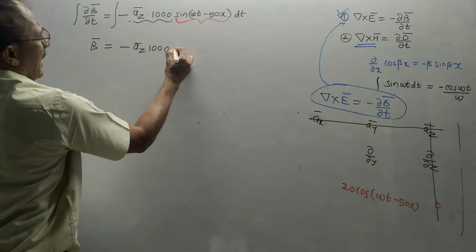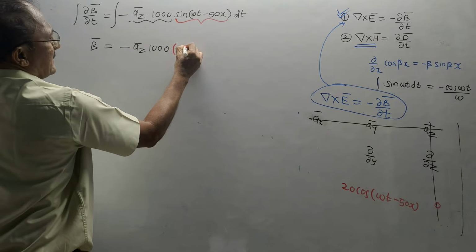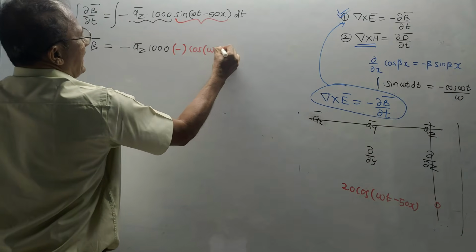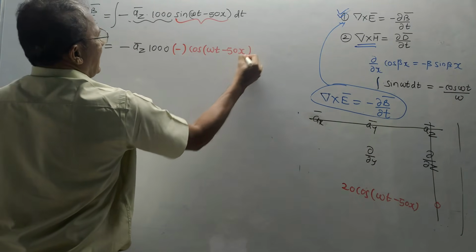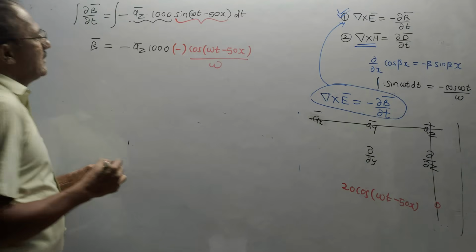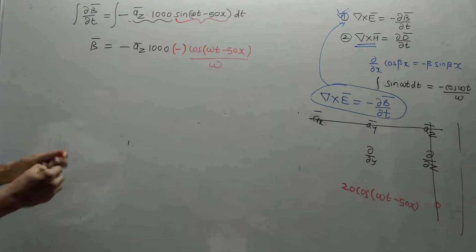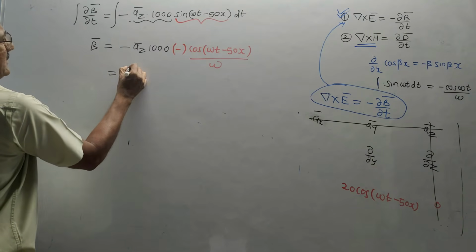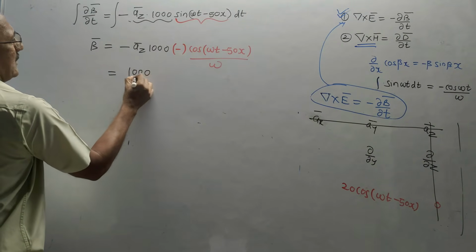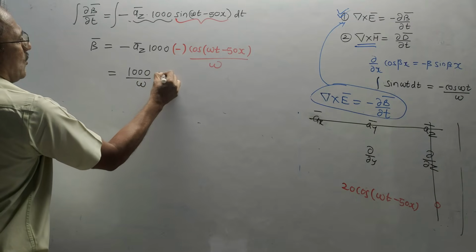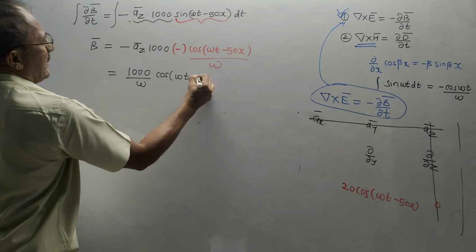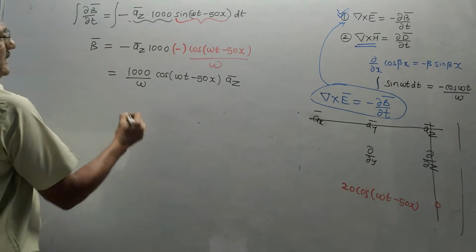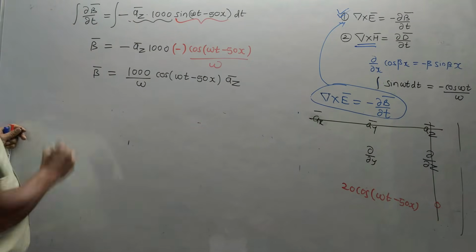So for this term, I will write this integration as minus cos(omega t minus 50x) upon omega. Let us simplify it further. This minus sign becomes plus, so I will rearrange the equation as 1000 upon omega cos(omega t minus 50x), and the direction I will write at the end, that is AZ bar. This is the equation of B bar.